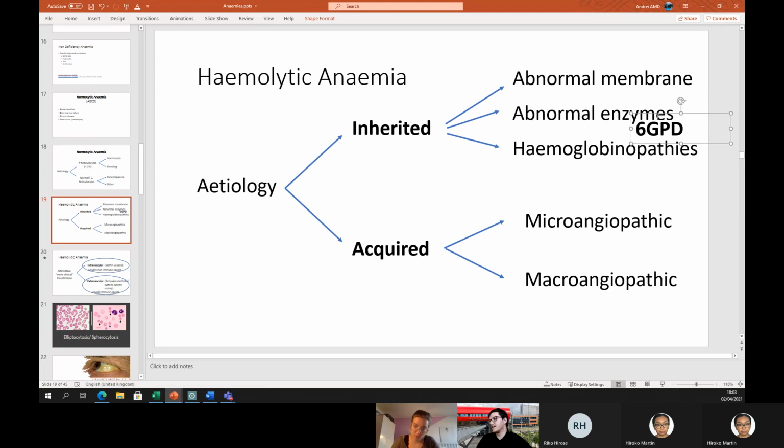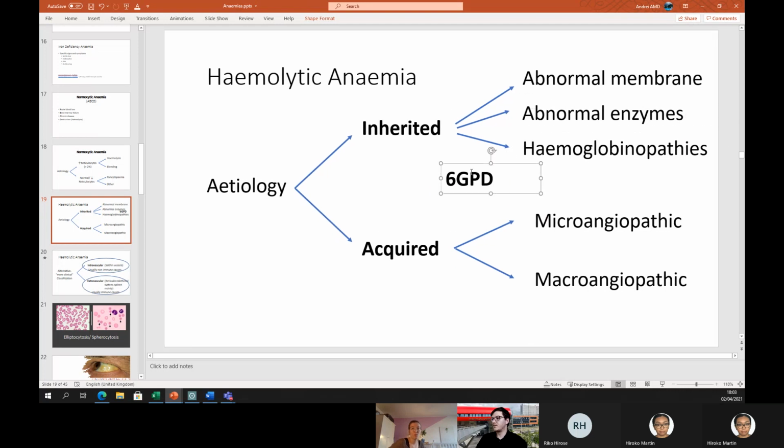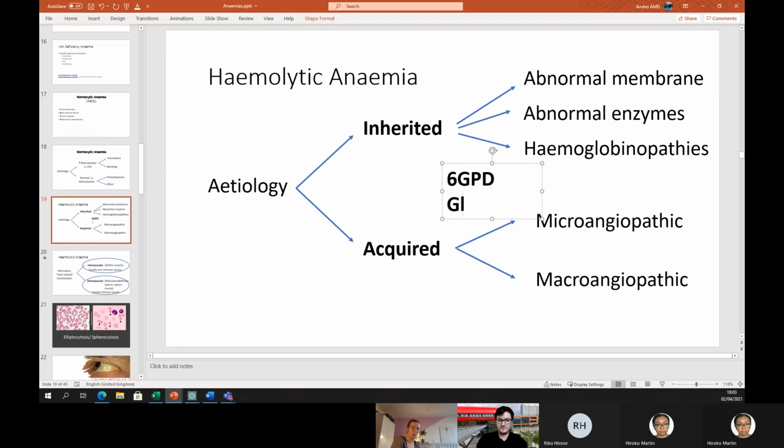What it does is that when you have enough of it, you can produce enough antioxidants, in particular glutathione. So those two go hand in hand. G6PD with glutathione is right here, abnormal enzymes.